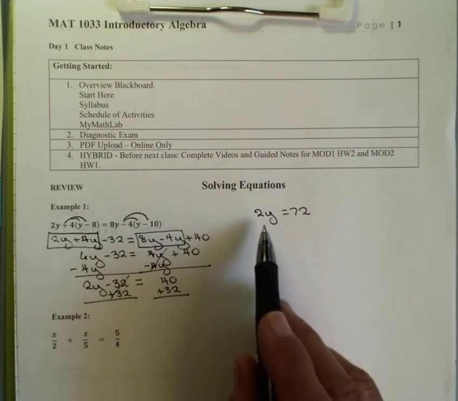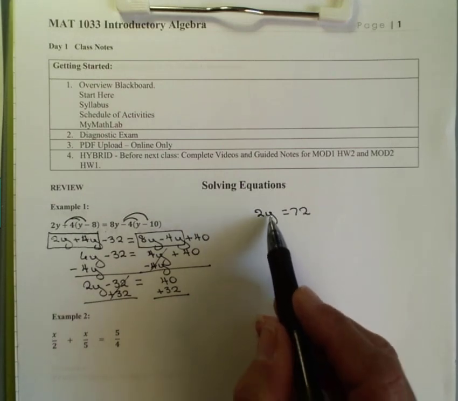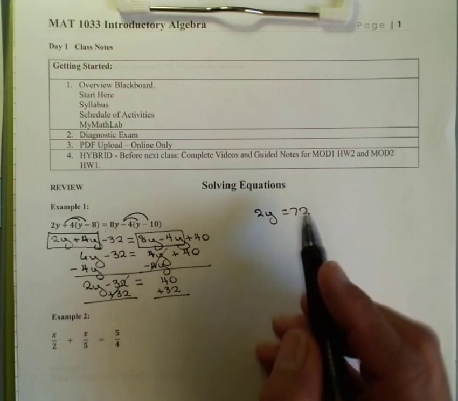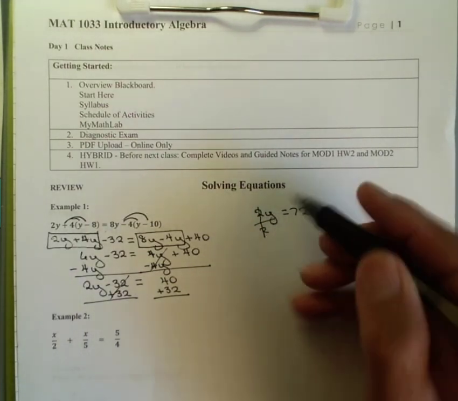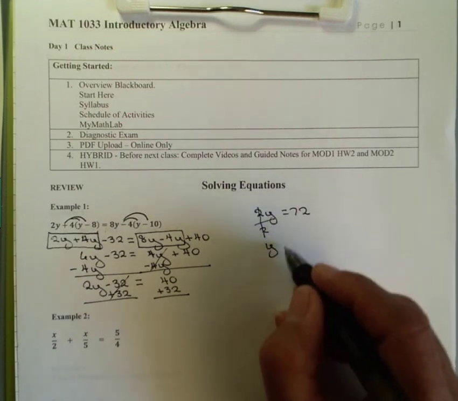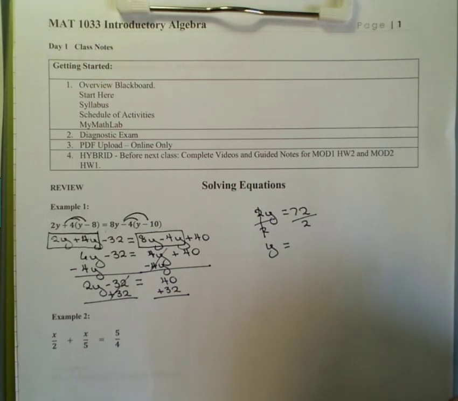Next step, I just have one term on each side of the equation. That's when, and the only time when, I will be able to do division. So what do I divide by? Well, I look at the coefficient of my variable. It's a 2 in front of it, so I'm going to divide by 2. Why? Because that'll cancel and give me just plain old y. Now, over here, I have to do the same thing to both sides of an equation.